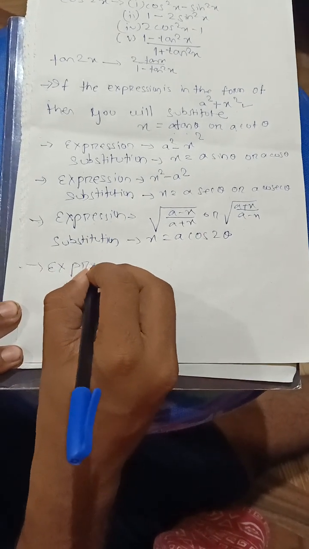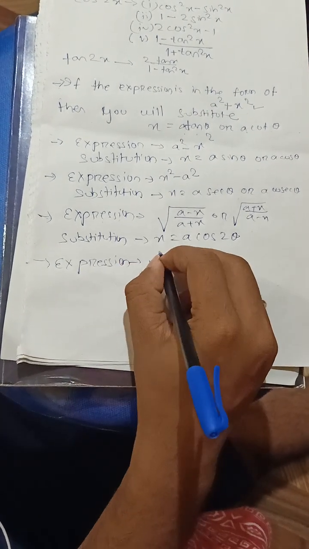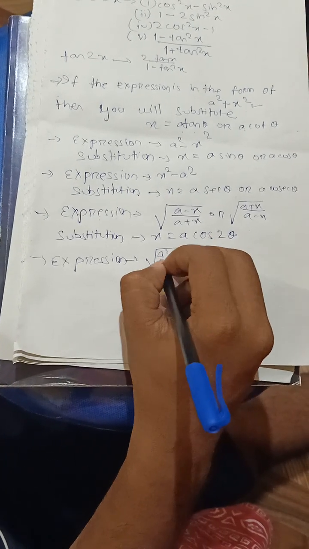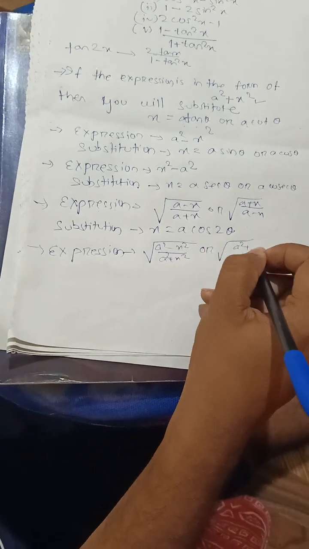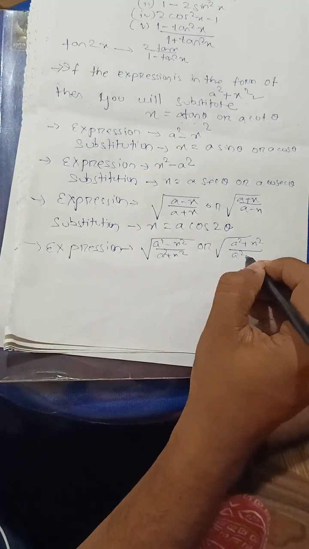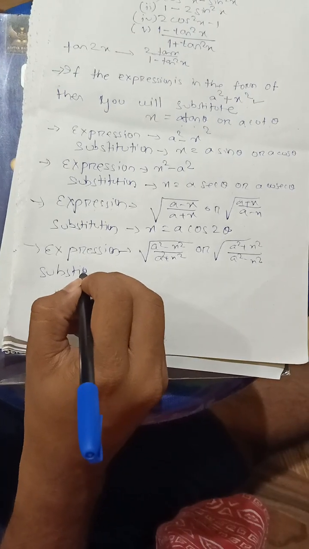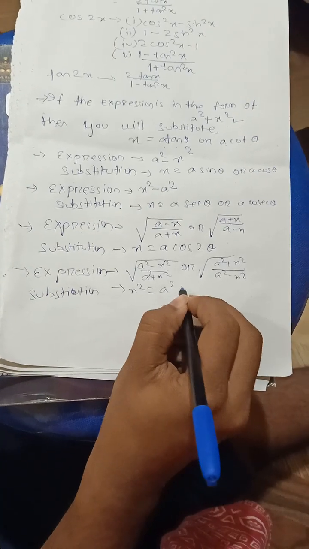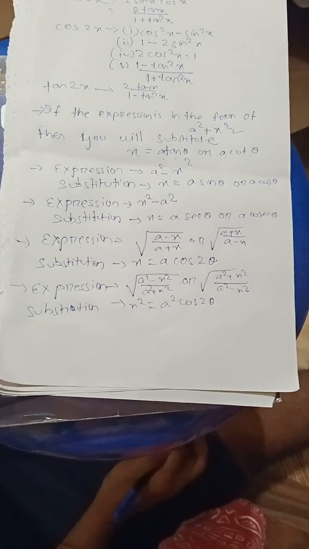Expression a square minus x square by a square plus x square, or a square plus x square by a square minus x square: substitution x square equals a square cos 2 theta. I'll write these all, then I will explain it. Written? Done?